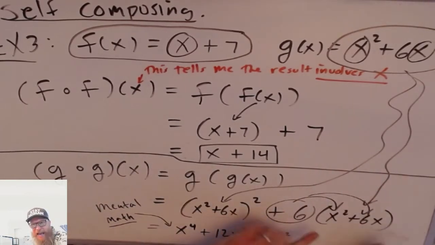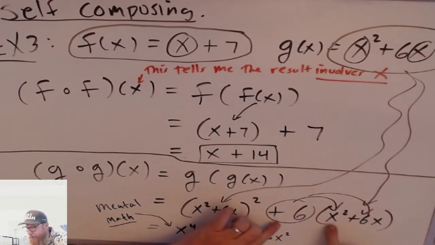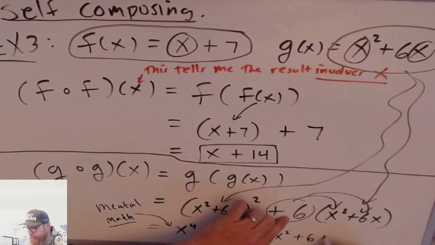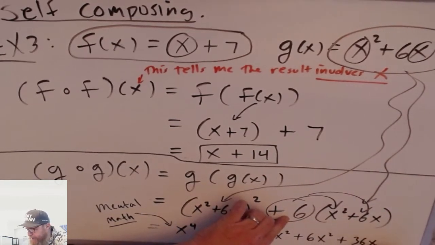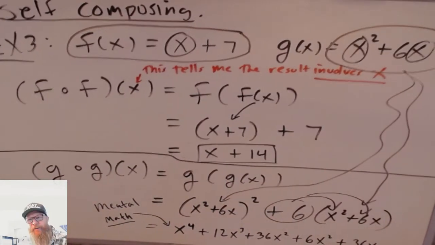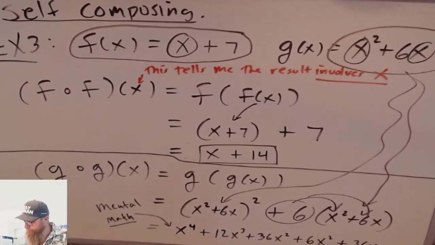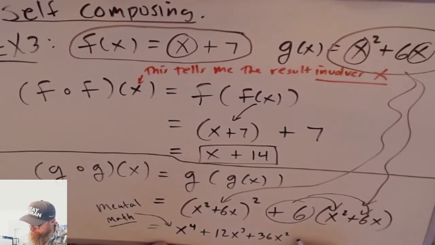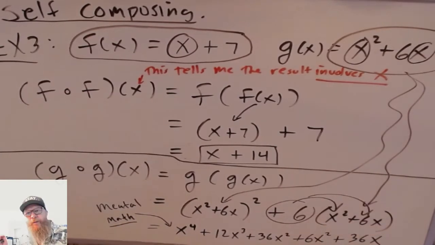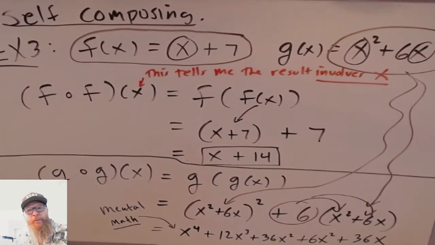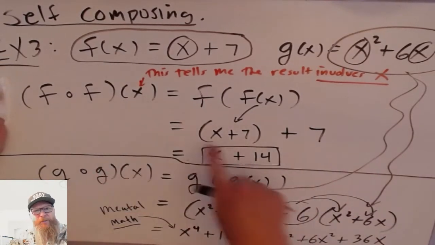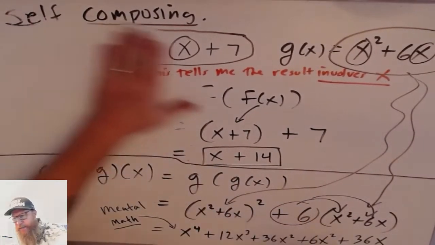Now this one doesn't have any external powers, so just distribute, so you get 6x squared plus 36x. And I'll finish that off later. Okay. My board's getting a little crooked here. Part A was really easy, so I'm going to go ahead and erase that.